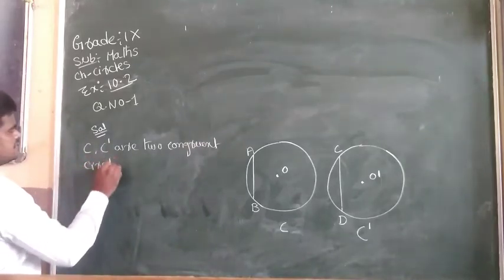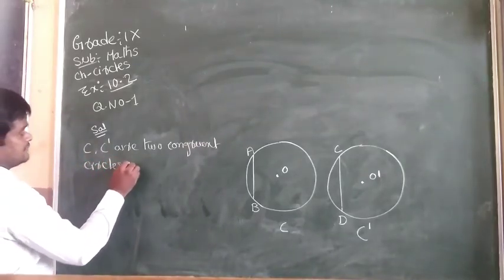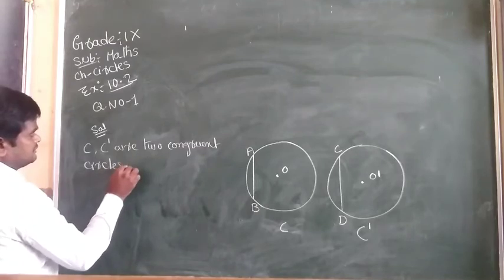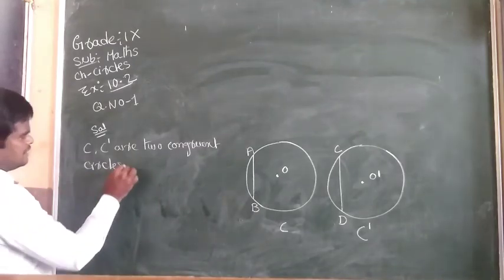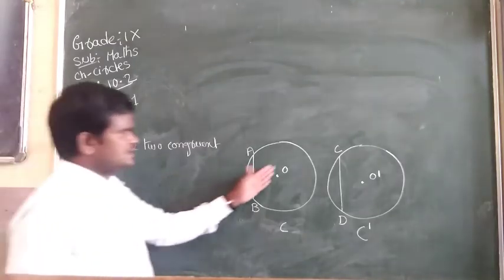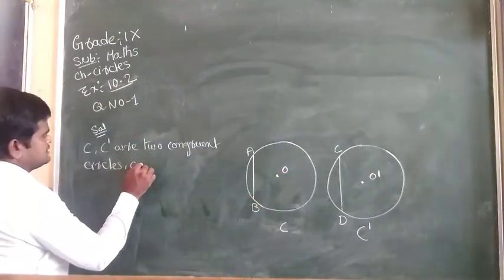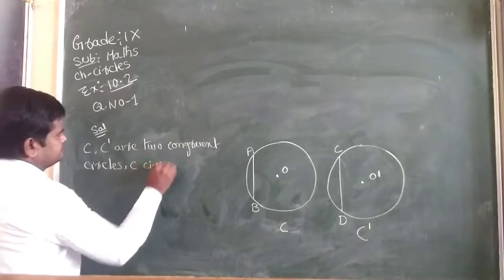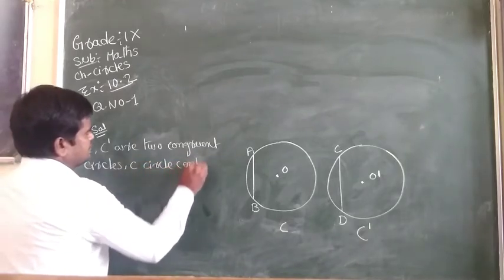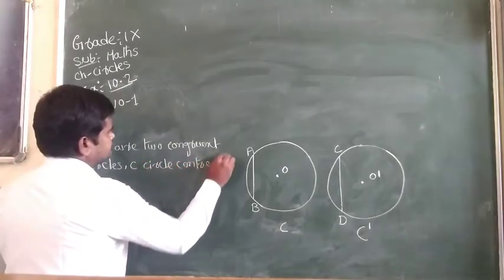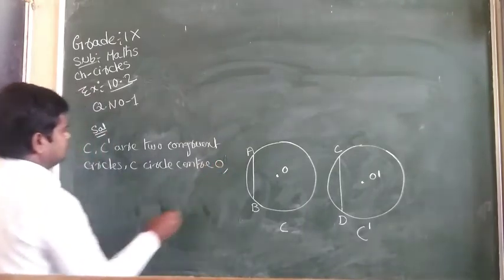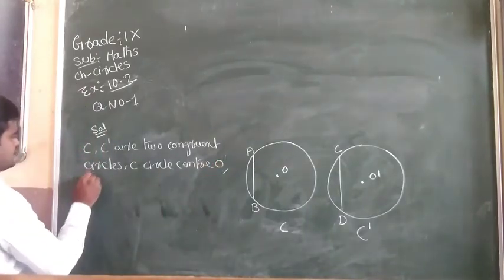This is the center O of circle C, and center O dash of circle C dash.